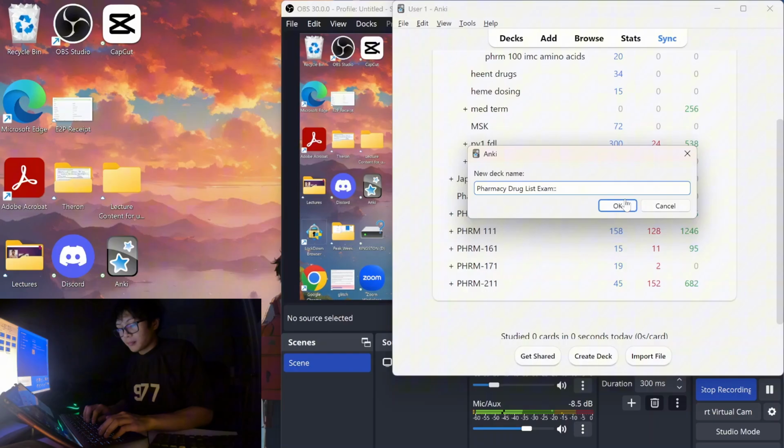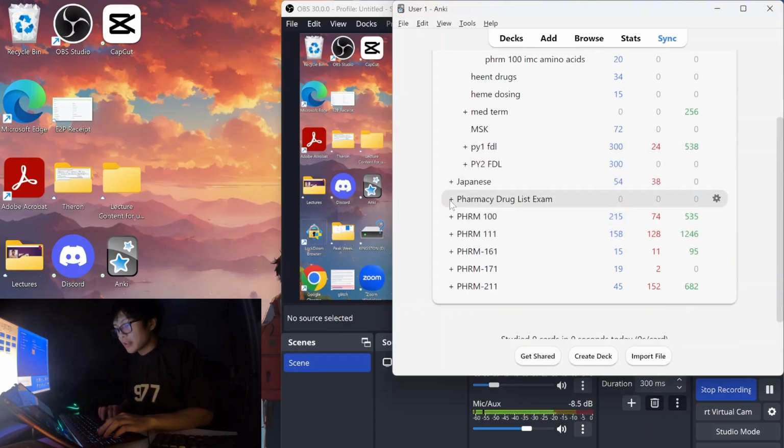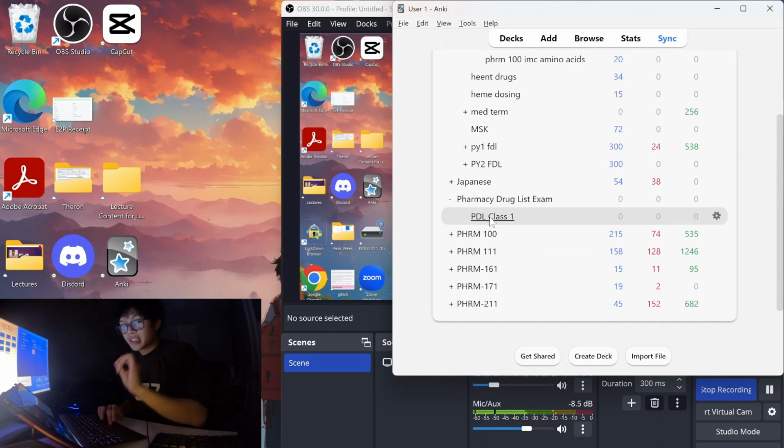So the name of this subdeck will be PDL class 1, okay? When you add 2 colons after a deck name, it creates a subdeck that you can add flashcards to. This is useful if you're trying to organize flashcards into subfolders.